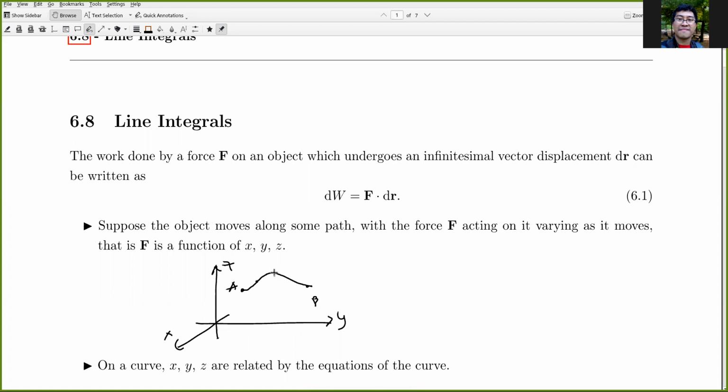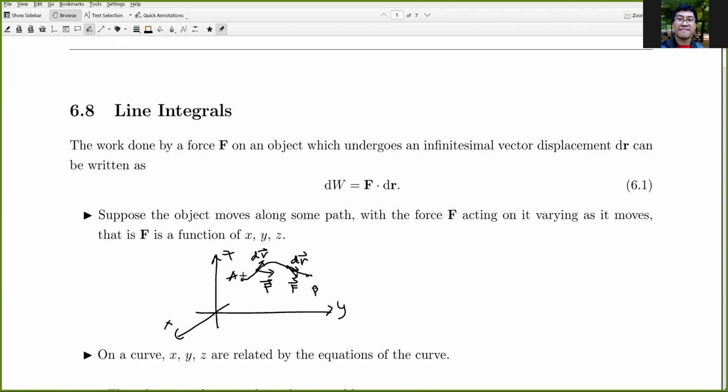So for example, if the object is right here, this is the direction of dr. F could be, for example, F. If it reaches this point, F could change either in direction or in magnitude. So suppose F becomes like this, this is our dr, so it depends on the position x, y, z.